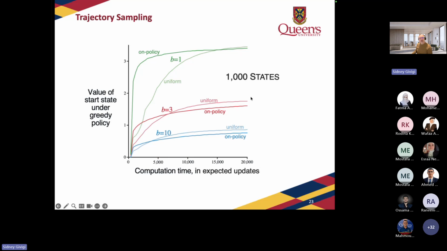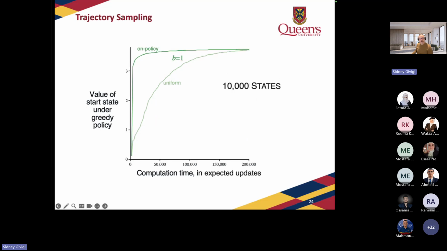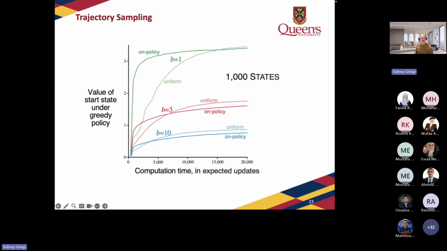And don't let this difference here trick you, okay? Because even though there is a difference here, most of the time, if you recall this, what you want is early updates, right?